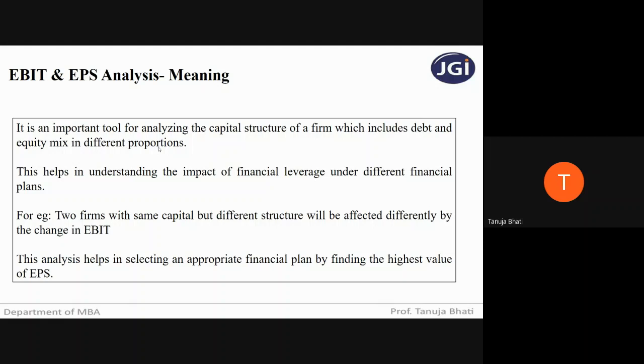And this EBIT and EPS analysis will help us in knowing what is going to be the correct, optimal mix, which is going to be beneficial for the company, which is going to increase the wealth of the company, the value of the company. So this is a tool which will help us in analyzing the capital structure.